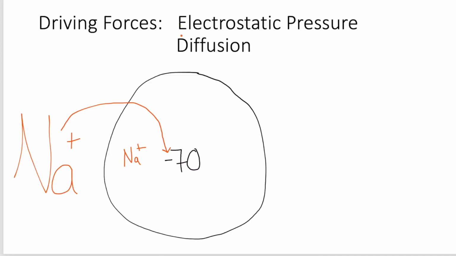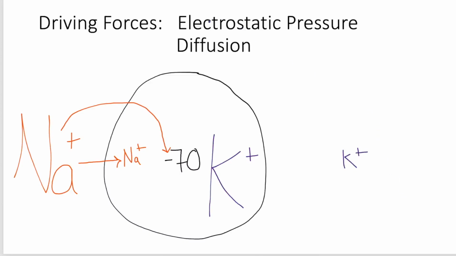Diffusion is movement based on concentration. Ions want to move down their concentration gradient from a high concentration to a low concentration. So for sodium, the force of diffusion wants to push sodium into the cell. Okay, now let's do the same thing for potassium. For potassium, we have this big concentration inside the cell and not much outside the cell.